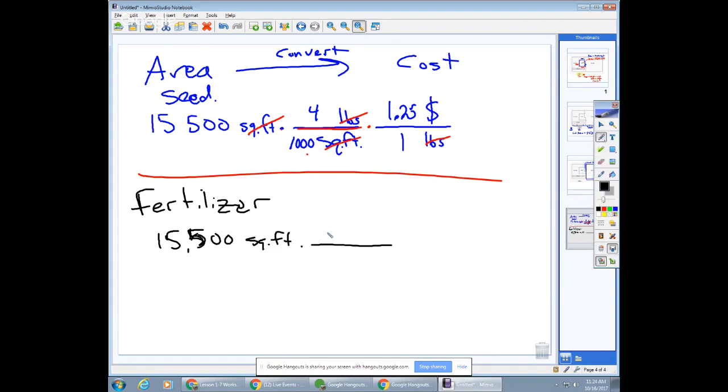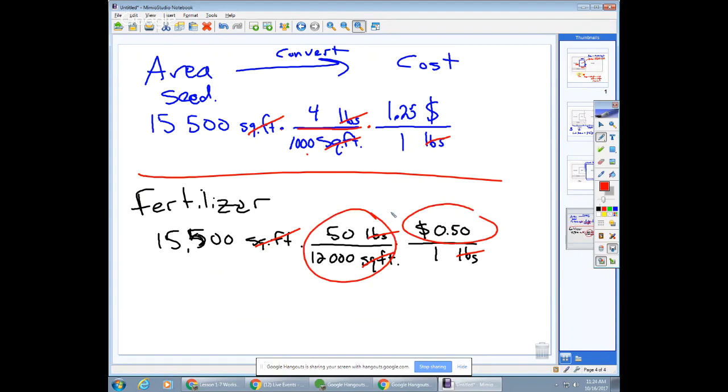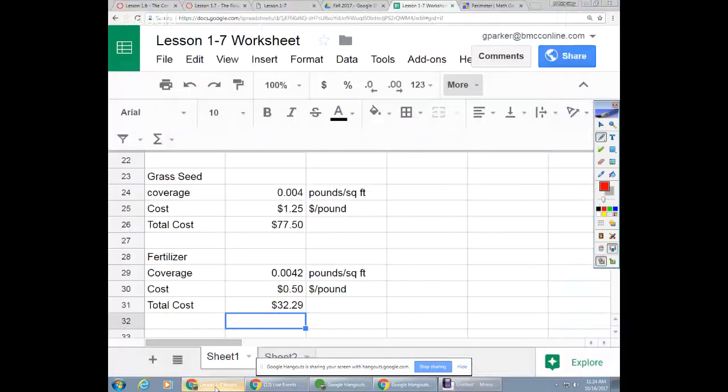And here we're told that for every 12,000 square feet, we need 50 pounds of fertilizer, and that the fertilizer is going to cost us $0.50 for every 1 pound. And so that conversion allows us to get rid of square feet, changes to pounds. Once we know how many pounds, we can convert into dollars. And so the spreadsheet took that ratio times that dollar amount and gave us that 30-something dollars.